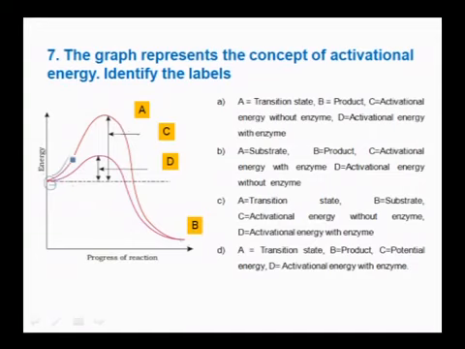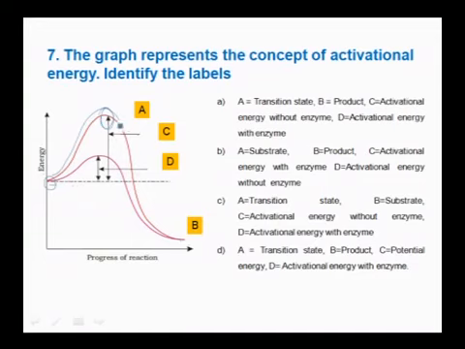The graph which is having a highest peak is associated with the rate of reaction and potential energy required for that when a reaction is not making use of the enzyme. And this particular point here labeled as A is indicating the transition state, that is a temporary unstable state formed by the association between substrate and the enzyme molecule.